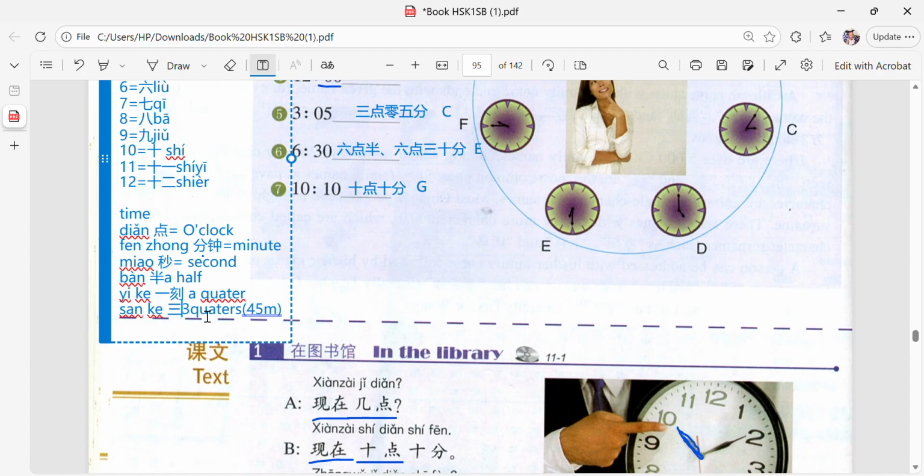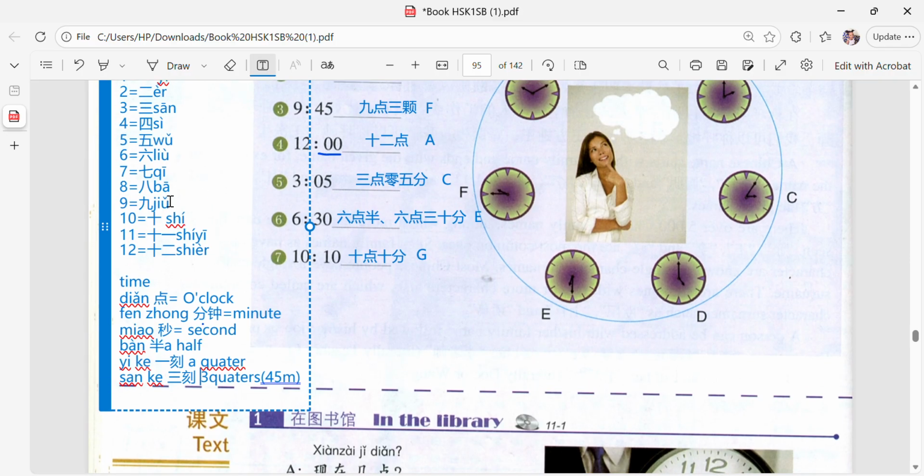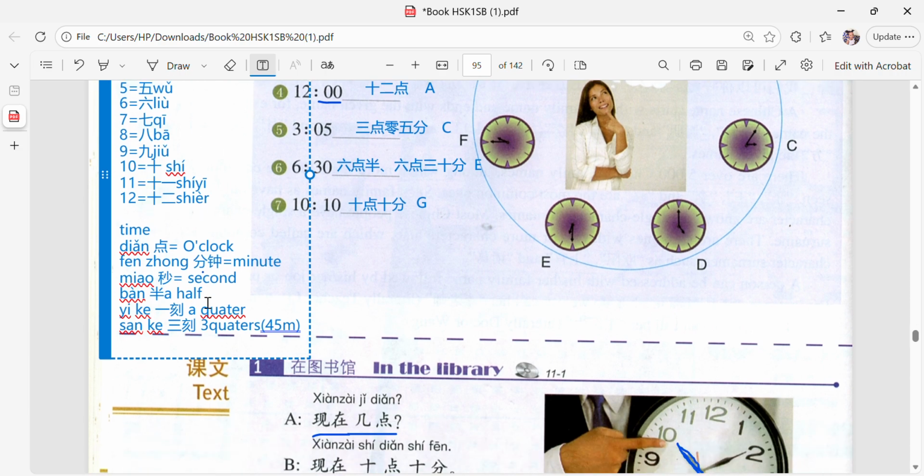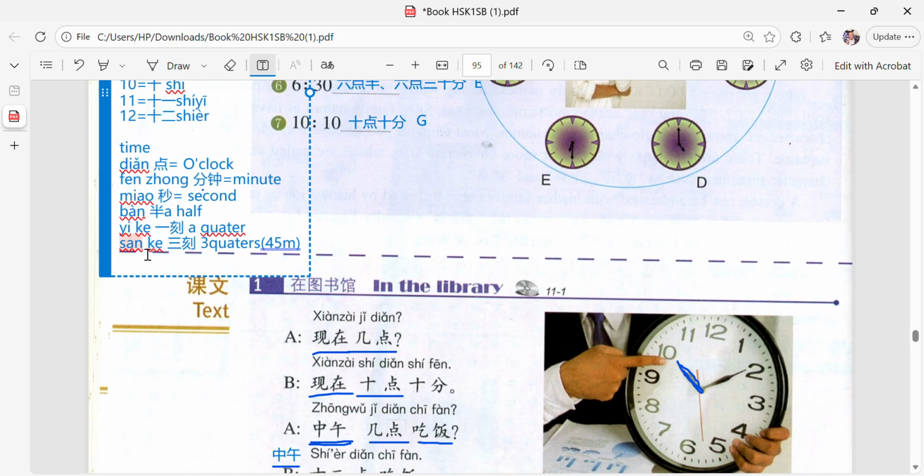This is the right one, yí kè. But if yí kè is stressing you, you can just use 15. Okay, we know 15 in Chinese is shíwǔ. We know shíyī is 11. Okay, this one is easy. You just take 10 plus 1, shíyī, and then you have 10 plus 2, shí'èr.